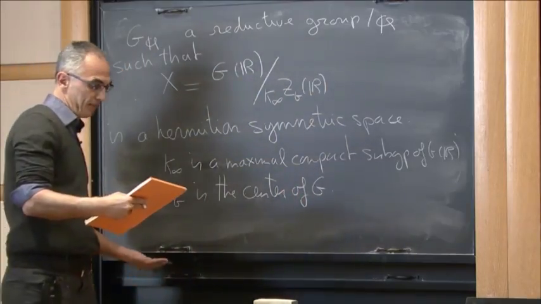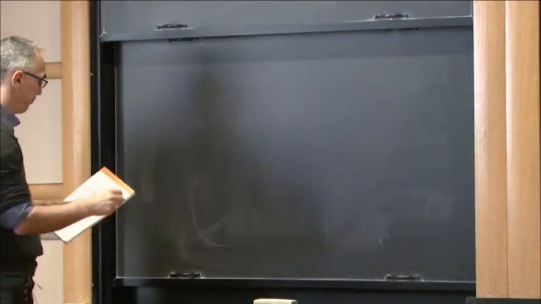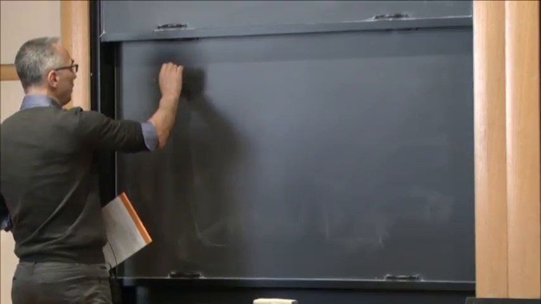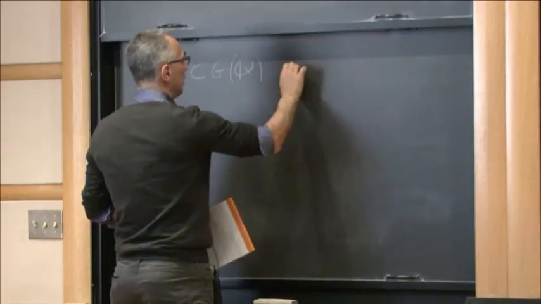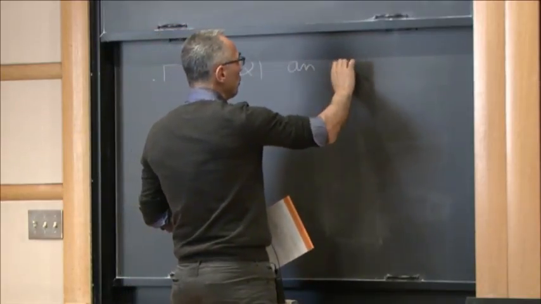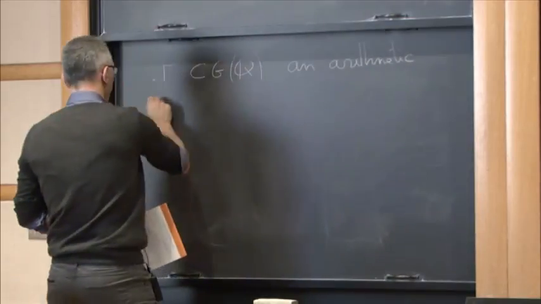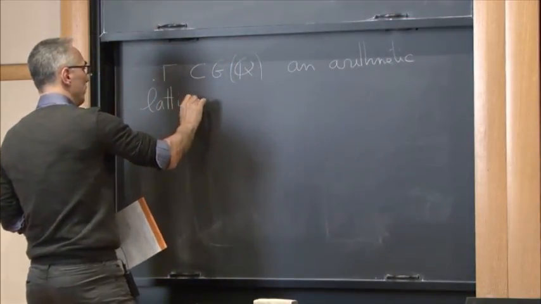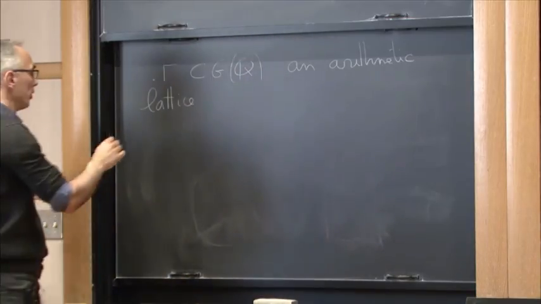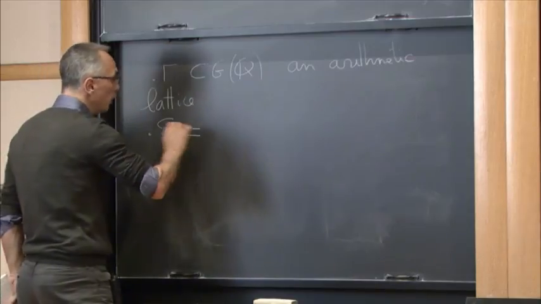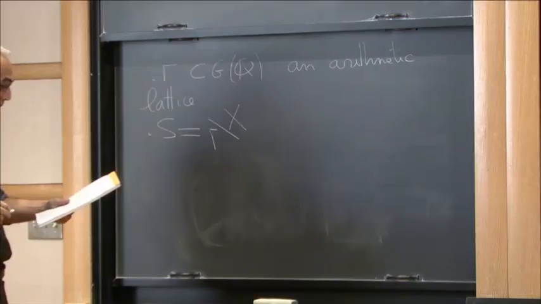And I start also with a lattice. And in all my talk, it will be an arithmetic lattice. And somehow I am interested in the Shimura variety X over gamma.